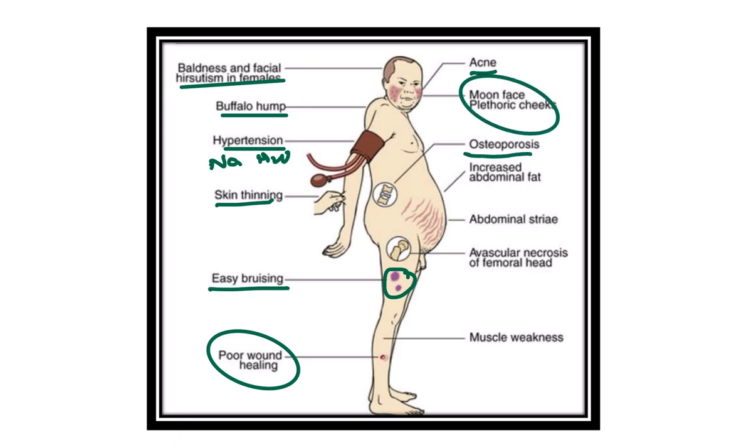Osteoporosis and osteonecrosis, increased abdominal fat, abdominal striae, avascular necrosis of the femoral head followed by fracture of the femoral head, and muscle weakness due to muscle wasting. That means the muscle protein is broken down.